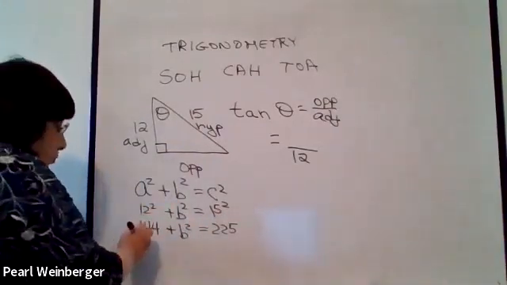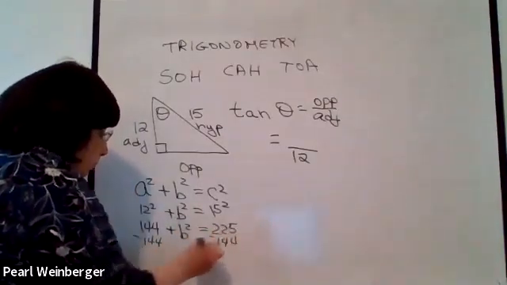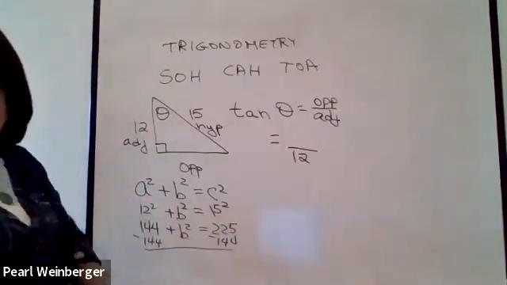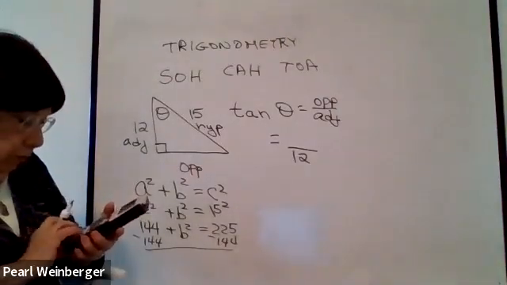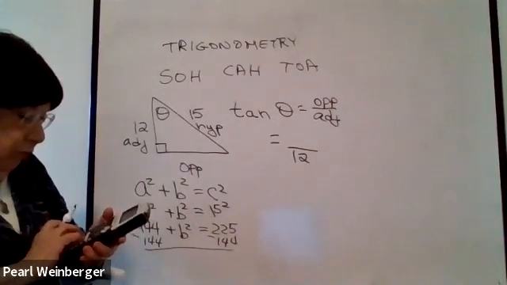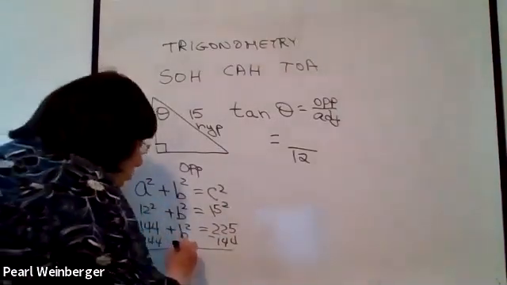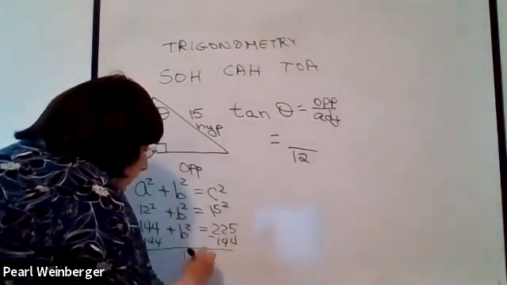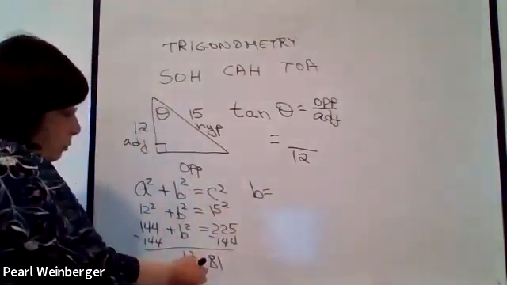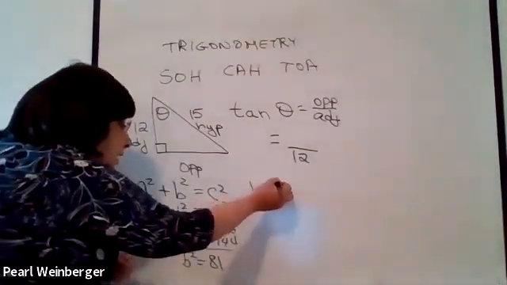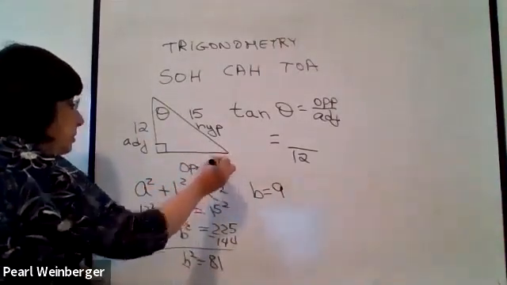So in this case, what I have to do is bring the 144 over to the other side to get what B squared is. Okay, I'm going to use my calculator. 225 minus 144 gives me 81. So b squared turns out to be 81, which means that my b turns out to be the square root of 81. That one's an easy one. That's a 9. It's a rational number. This side turned out to be equal to 9.